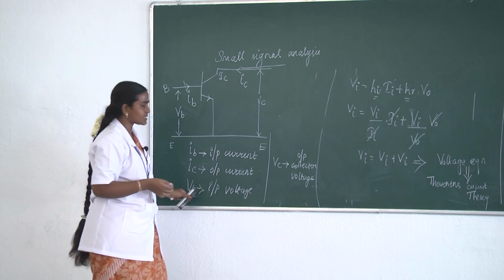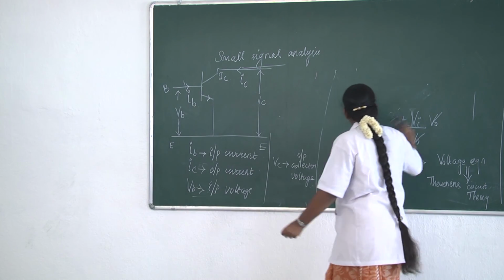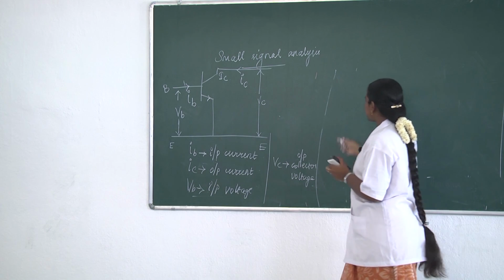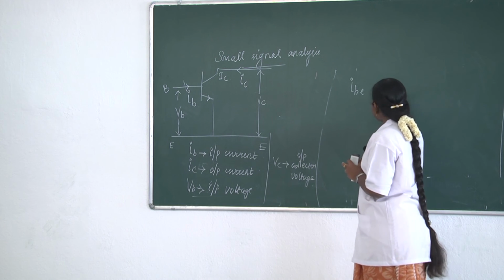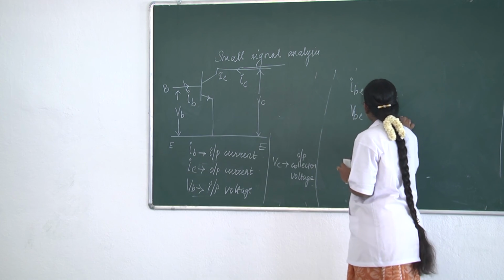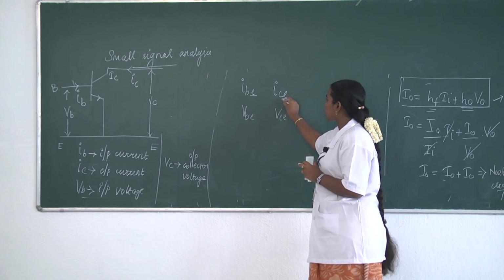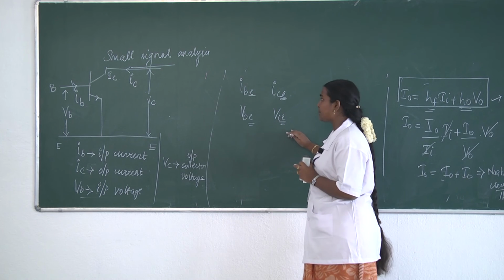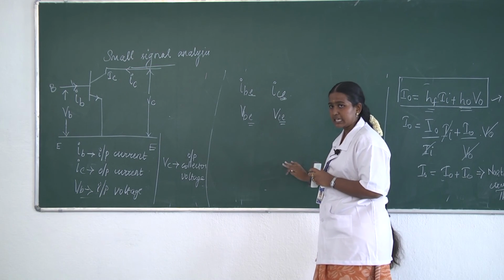Being all these terms are for a CE configuration, now I am going to replace this equation. So now I can write this as IBE, ICE, VBE and VCE. I have just added E in order to make it clear that it belongs to the CE configuration. Now I am going to replace the IBE, ICE, VBE and VCE terms in the equation.